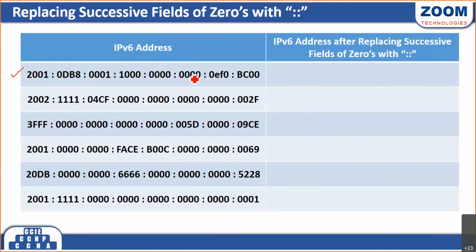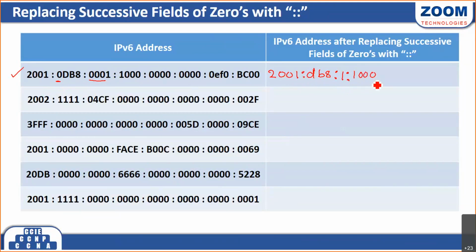First one: 2001:0DB8, you can omit the leading zeros, DB8. Then 1, the leading zeros omitted, colon 1000.